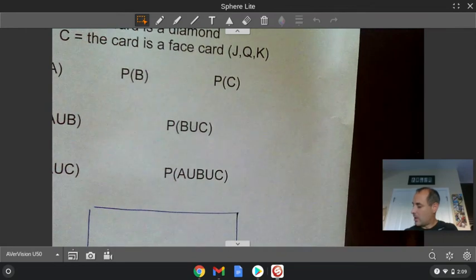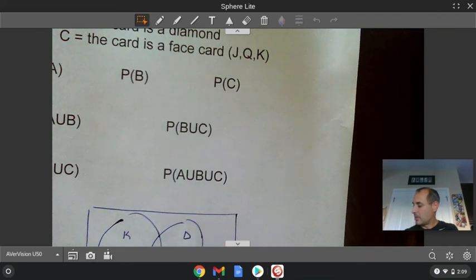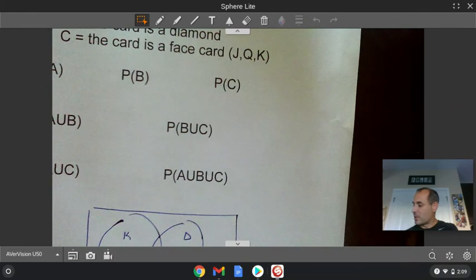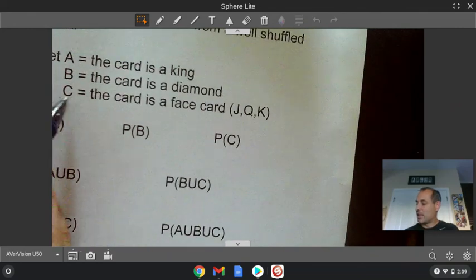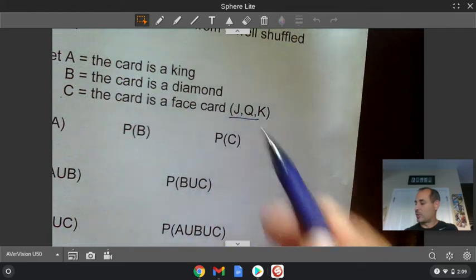So I have my kings. Interestingly enough, I have my diamonds. And then what's really weird is that C, the card is a face card, jack, queen, or king.